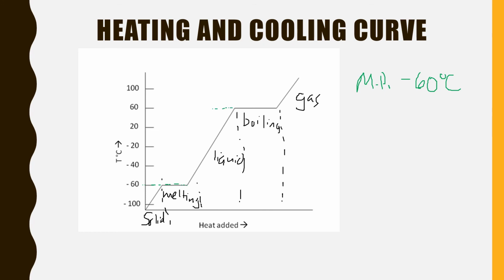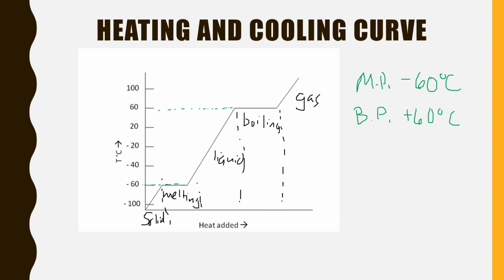So if I go over, oh, it boils at positive 60. So I have the melting point and the boiling point. And if I have the melting point and the boiling point, I can now tell you exactly what phase of matter it would be at any temperature.